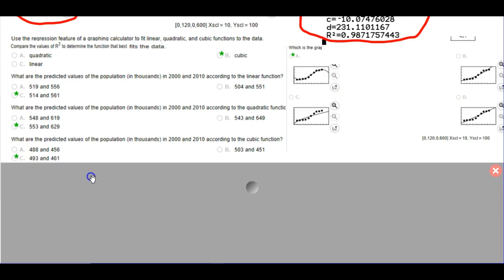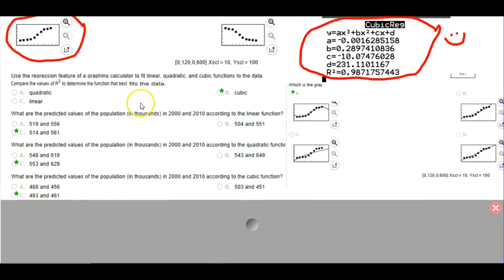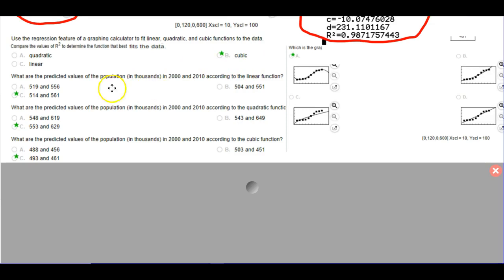Alrighty, so now we know who the winner was. It was the cubic. Now we're asking about what are these predicted values. Okay, big thing here, you got to pay attention to which function it's asking you to use. So 3 different ones.